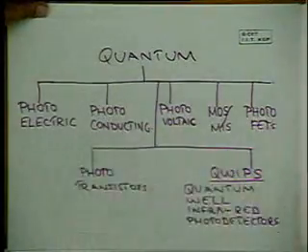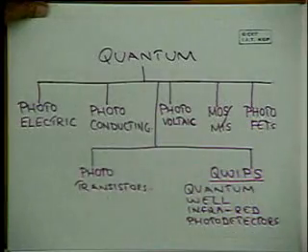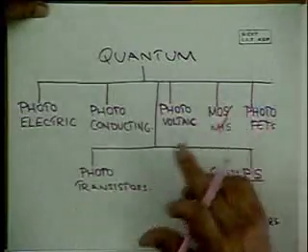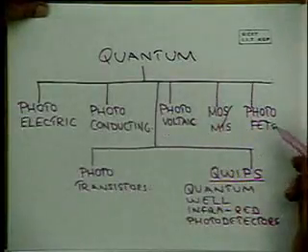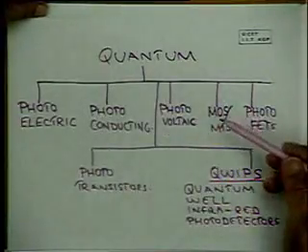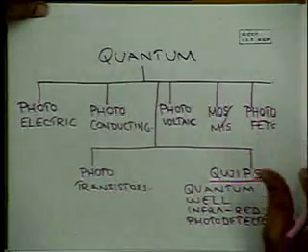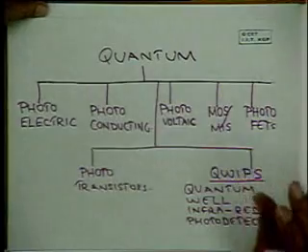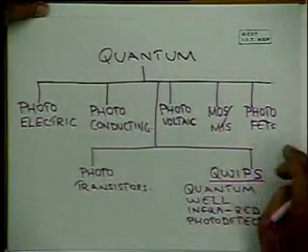These all have their advantages and disadvantages, and we'll compare these. But comparing quantum detectors with thermal detectors, it can be said that, broadly speaking, quantum detectors have limited spectral range. They have high responsivity over this limited spectral range.